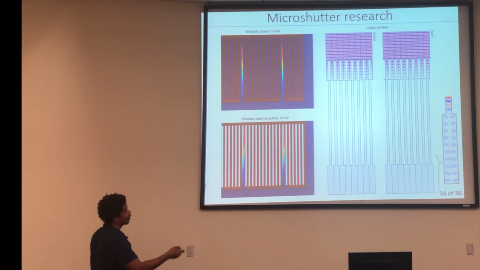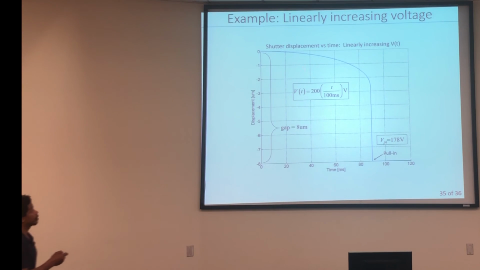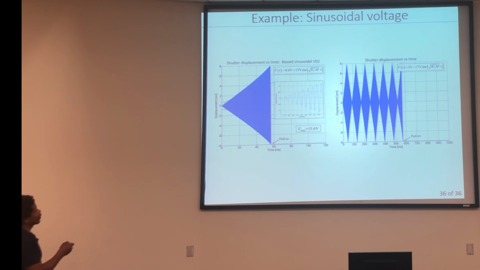Here's what's happening down here, and here's my simulation I get from running the MATLAB solver. If I have a linearly increasing voltage, it just comes down right here, makes contact and stays. If I have a sinusoidal, it just grows like that before it makes contact and stays.